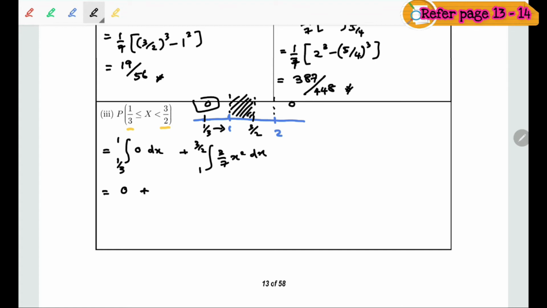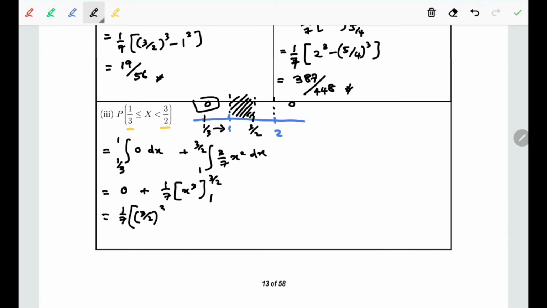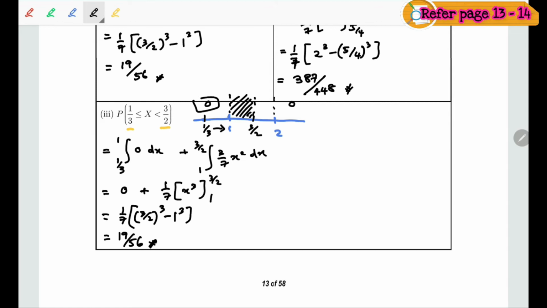Plus this one gives you 1 over 7 of x cubed, with the limit 1 to 3 over 2. So you just substitute the limit, which is 3 over 2 cubed minus 1 cubed. As a final answer, we get 19 over 56. That represents the area from 1 over 3 to 3 over 2. So we have done part B.